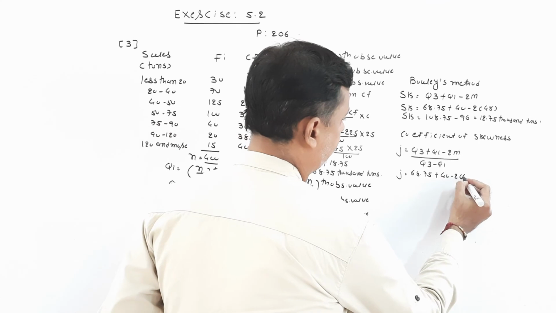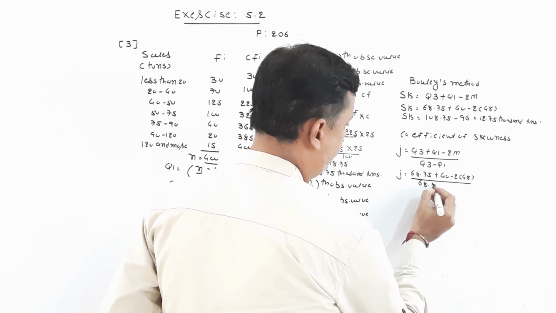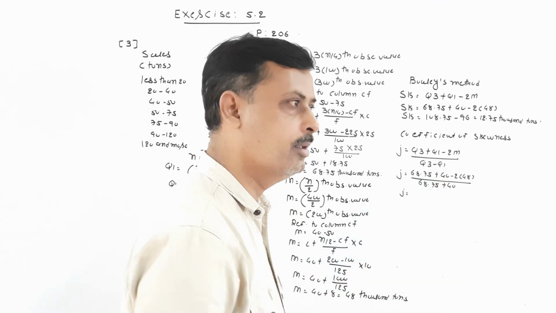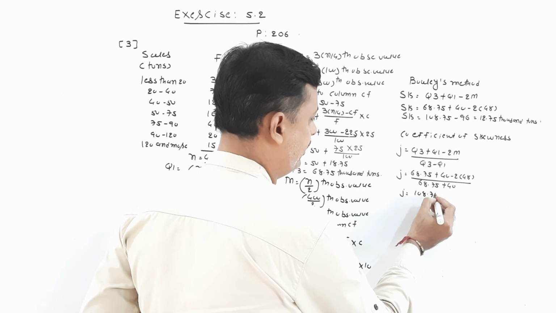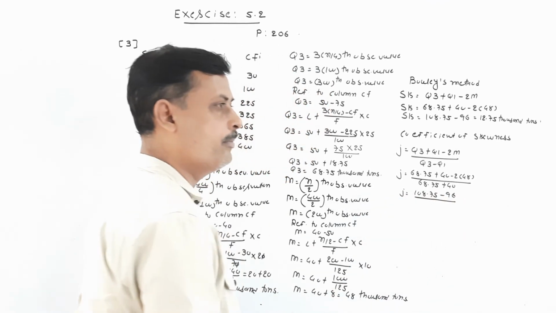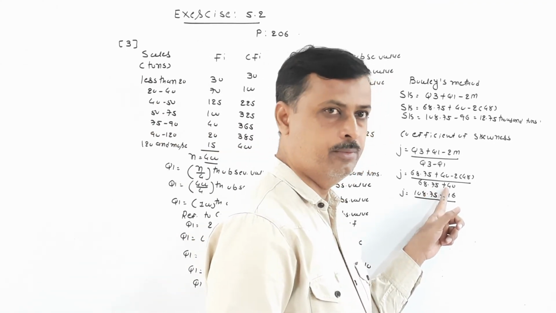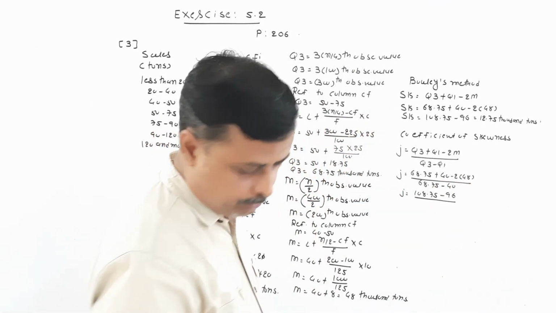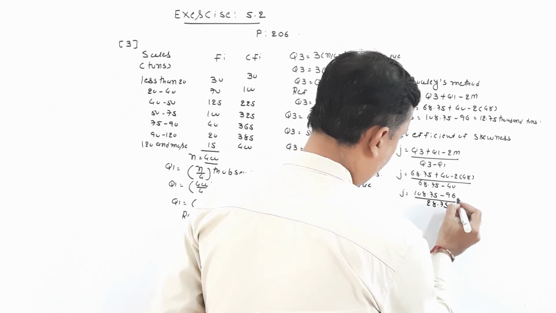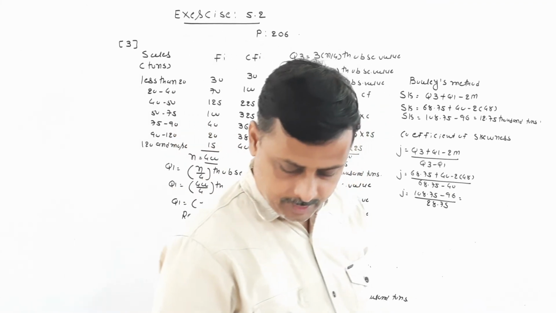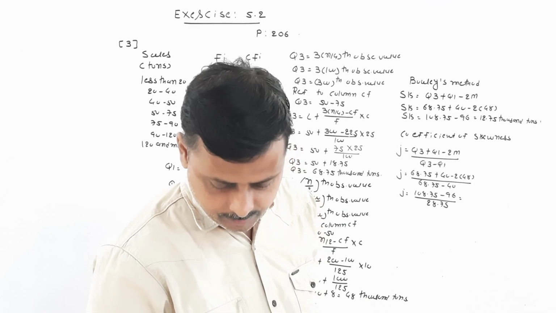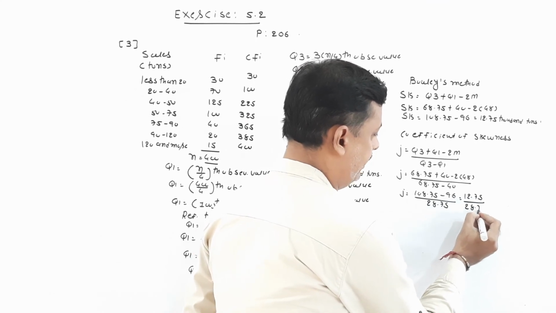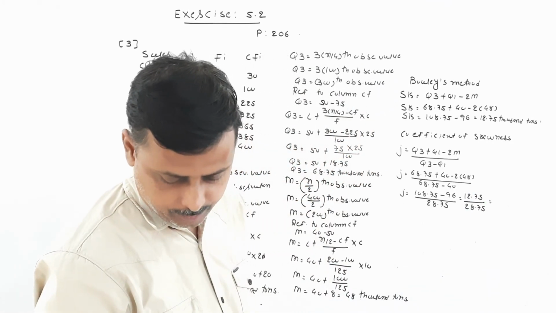Median 48. 68.75 plus 40, that is 108.75 minus 96. 68.75 minus 40, that is 28.75. 108.75 minus 96, that is 12.75 अपॉन 28.75, so 0.44.